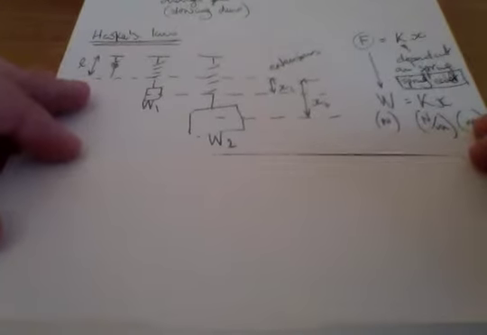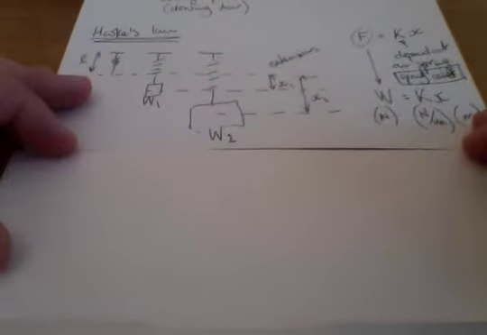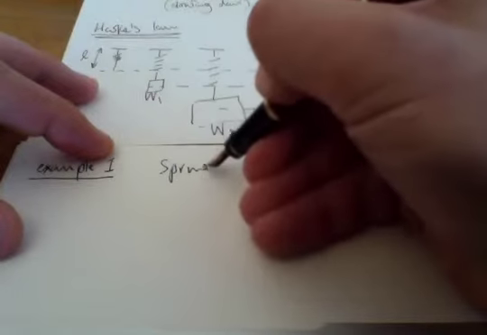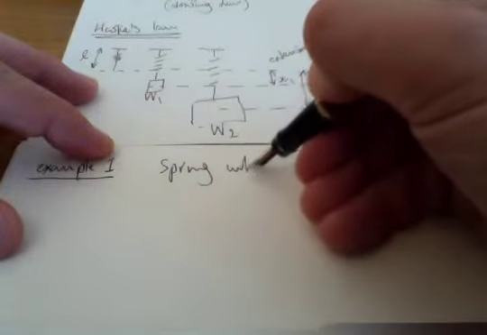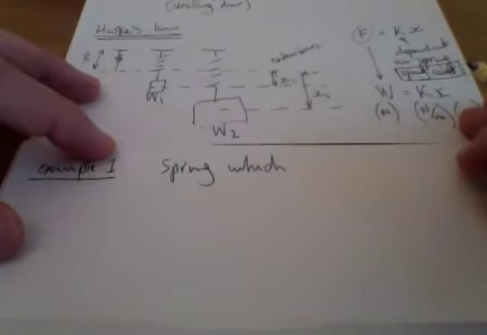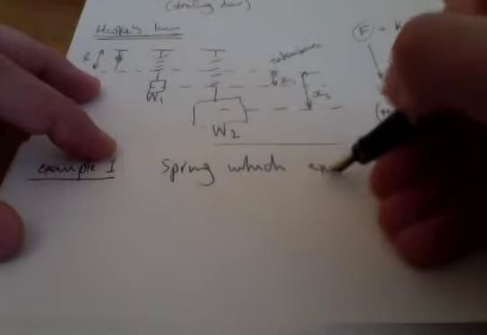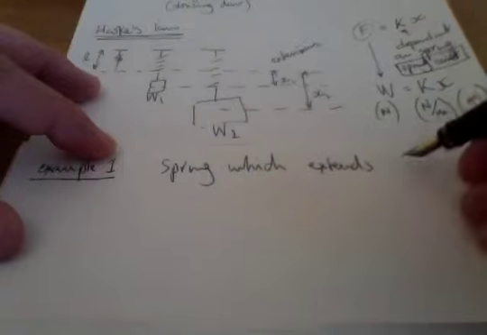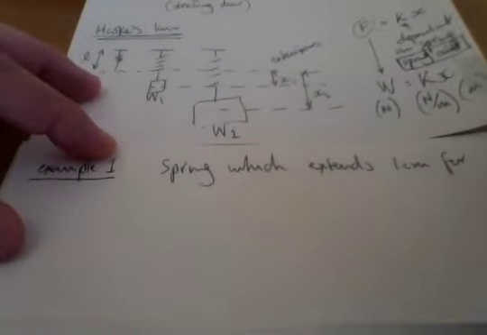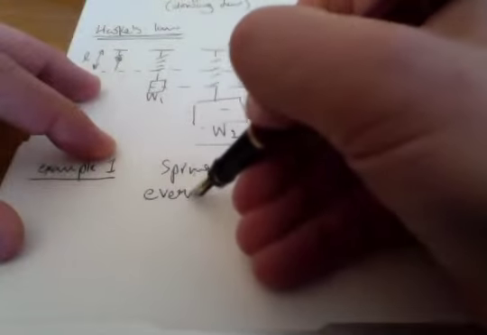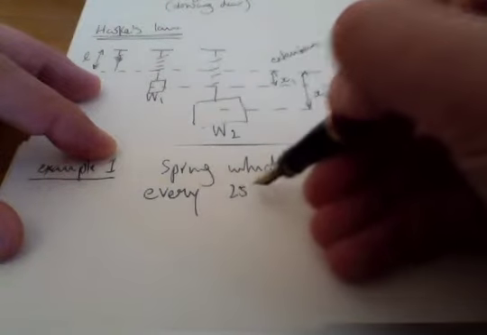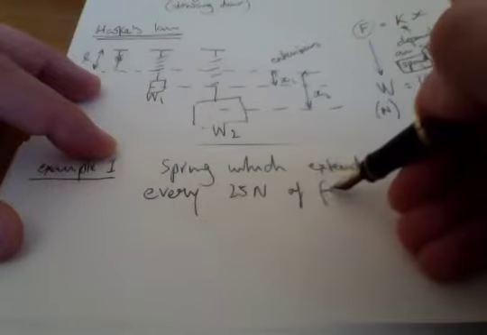Okay, so let's imagine we have a spring, so we have an example. Let's say we have a spring which extends one centimeter for every 25 newtons of force.